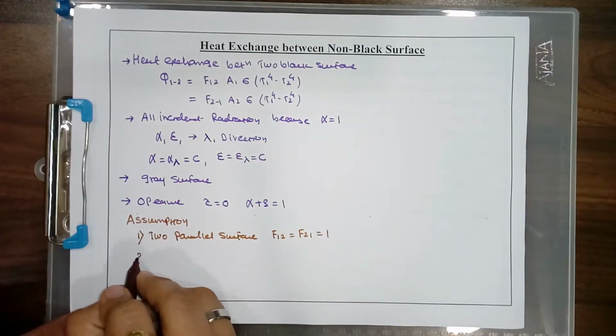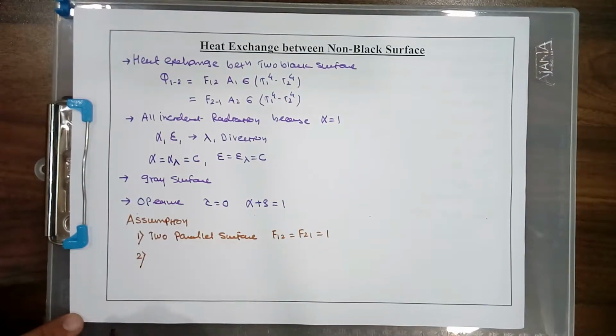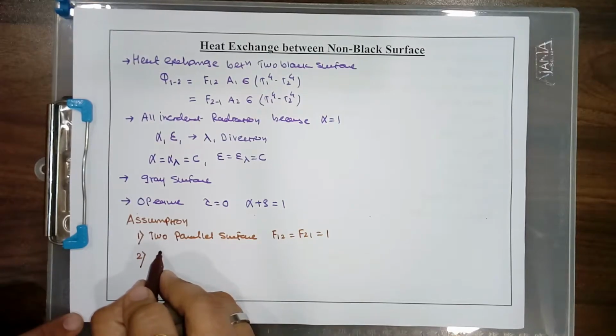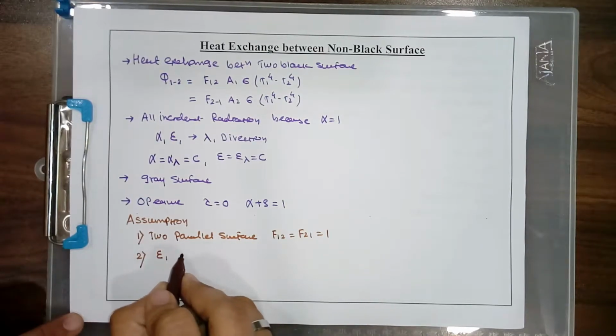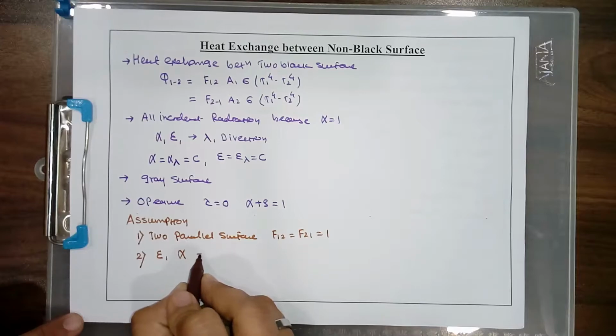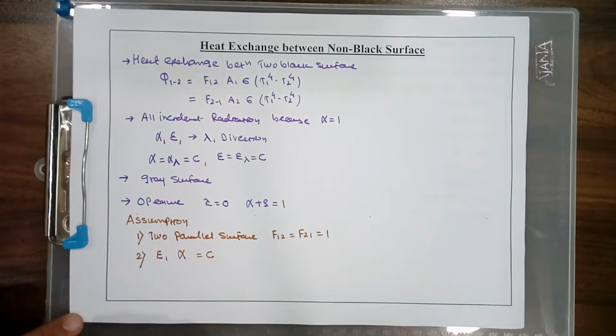Second, the emissivity and the absorbivity we take as constant. They do not vary with respect to wavelength, direction and temperature.